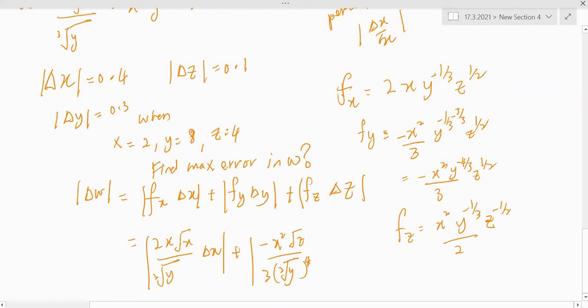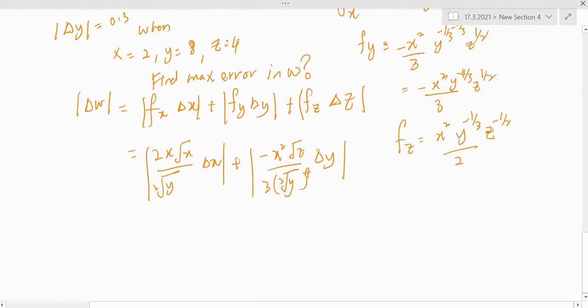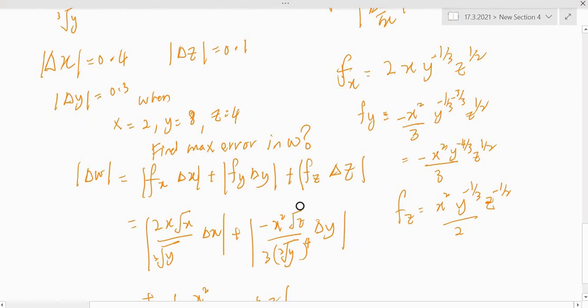Okay. This is del Y. And then plus X squared over 2 cube root Y square root Z. Okay. And then you substitute. When X equals to 2, Y 8, Z equals to 4.